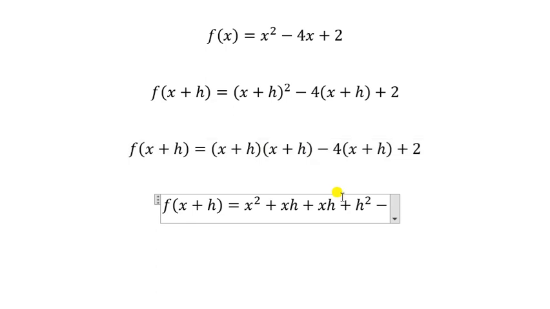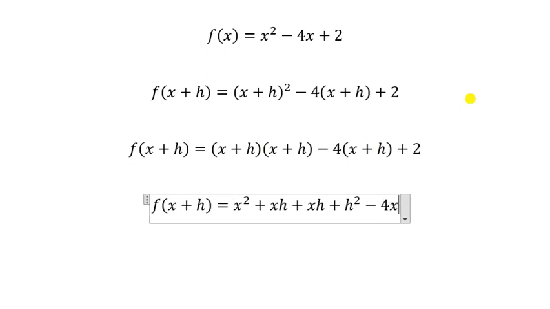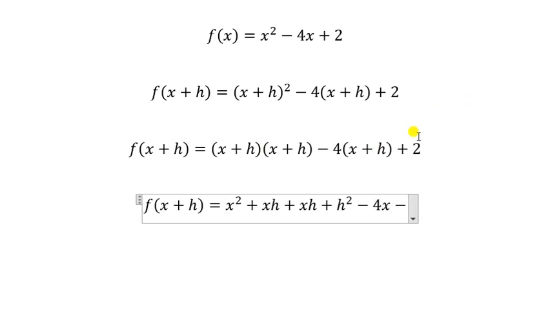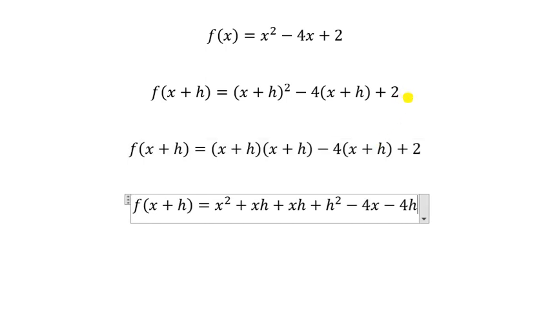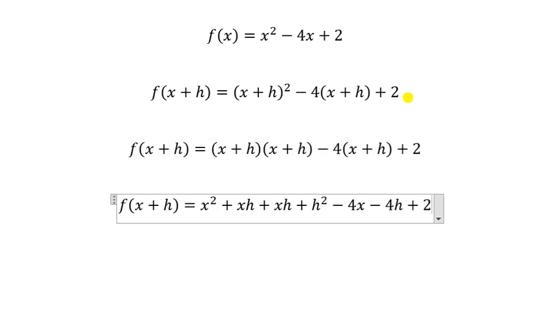Minus, we can distribute this 4 into the parentheses, so we have 4 times x minus 4 times h. And then we add a 2 there. I went a little fast there, but if you need further explanation on how to foil these two parentheses, just let me know.